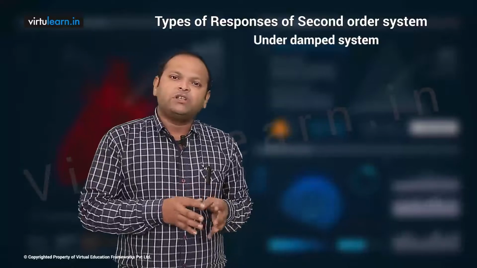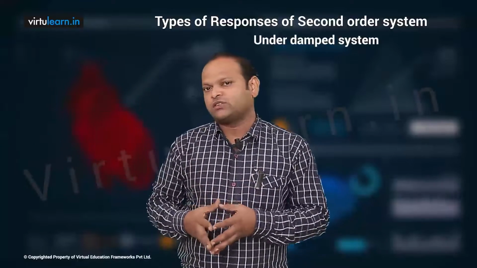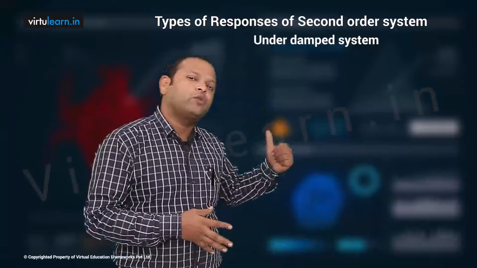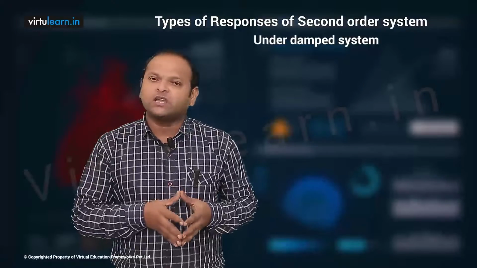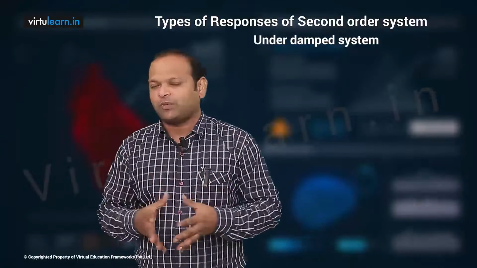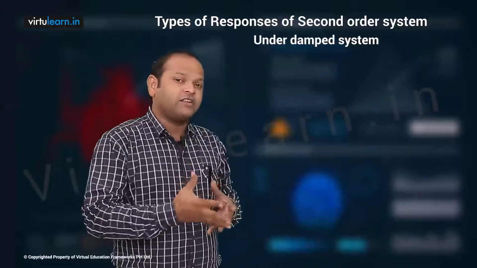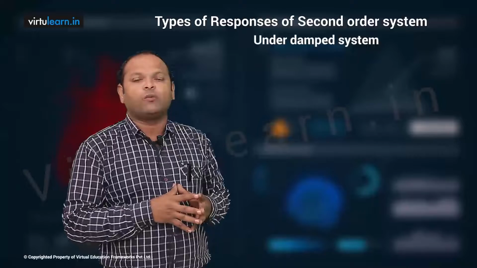Undamped means there is no force against your oscillations, so oscillations are continuous. Damped means there is some opposition force to oscillations, therefore the oscillations are going to die out after some time. And at what frequency are the oscillations going? The oscillations are going with this frequency omega d.